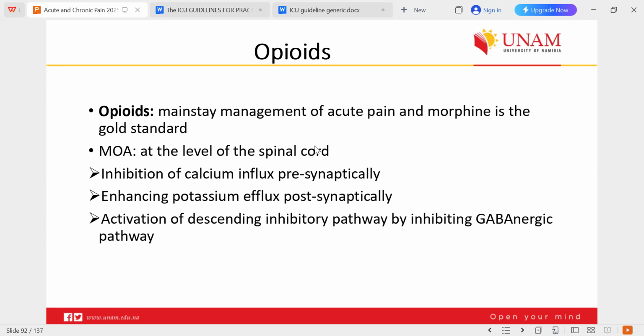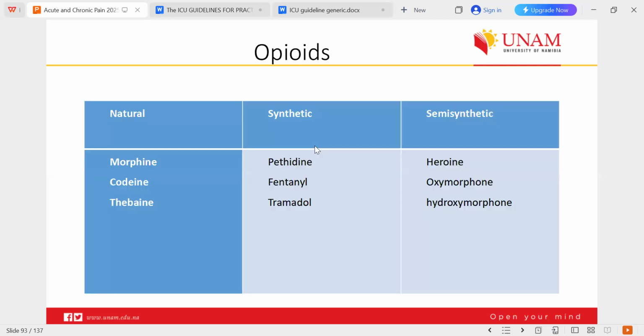In the brain, it activates the descending inhibitory pathway by inhibiting the GABAergic pathway. Okay, so there are different opioids that I'm sure we are familiar with. The naturally occurring: morphine, codeine, and thebaine. And we have the synthetic: pethidine, fentanyl, and tramadol. We have the semi-synthetic: heroin, oxymorphone, and hydromorphone.